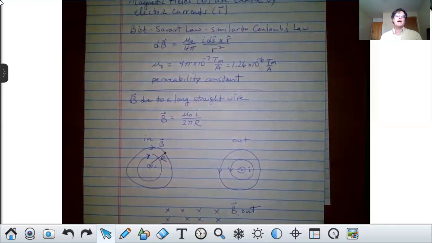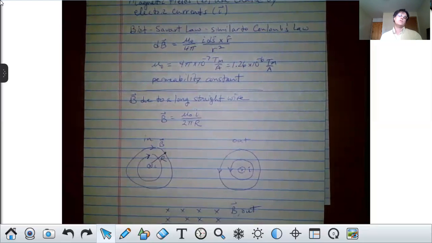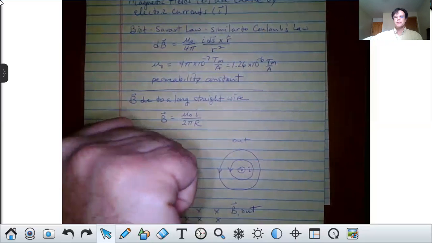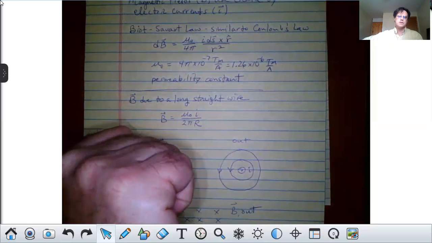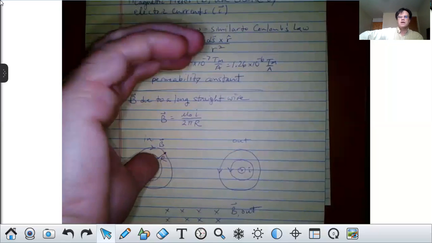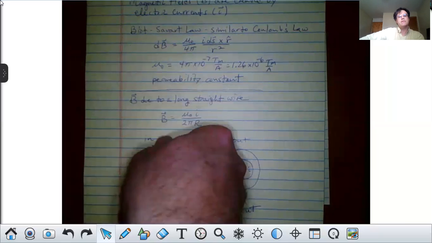So I can calculate the magnitude from that formula, but what about the direction? As it turns out, there is a second right-hand rule to determine the direction of the magnetic field from a current. What you do is you just put your thumb in the direction of the current, so it'll be going into the page for this left-hand side. Your fingers curl around the direction that the magnetic field goes.